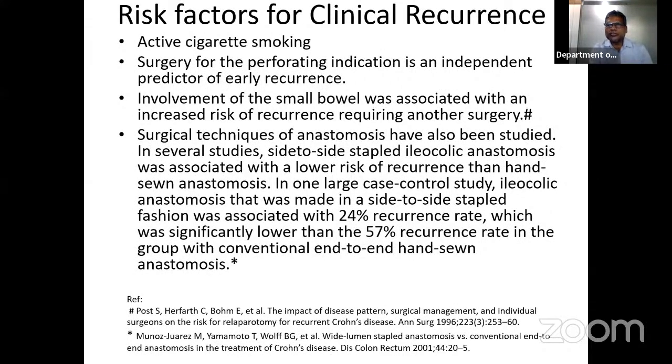In one large case control study, ileocolic anastomosis made in a side-to-side stapled fashion was associated with a 24% recurrence rate, which was significantly lower than the 57% recurrence rate in the group with conventional end-to-end hand-sewn anastomosis. So with this surgical technique, a stapled anastomosis is preferred compared to hand-sewn to reduce the risk of recurrence.